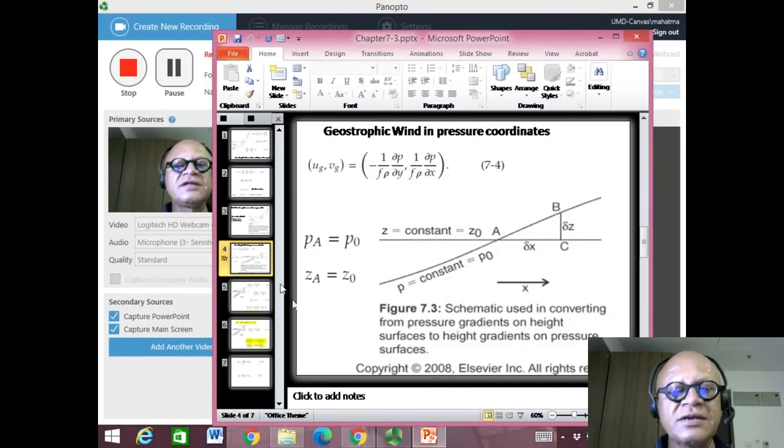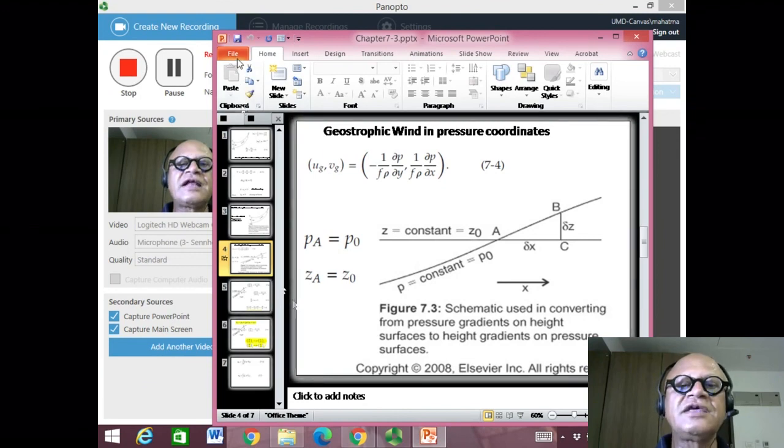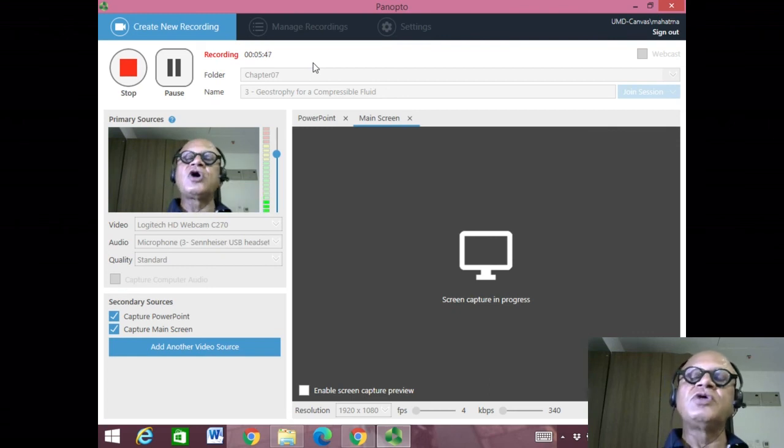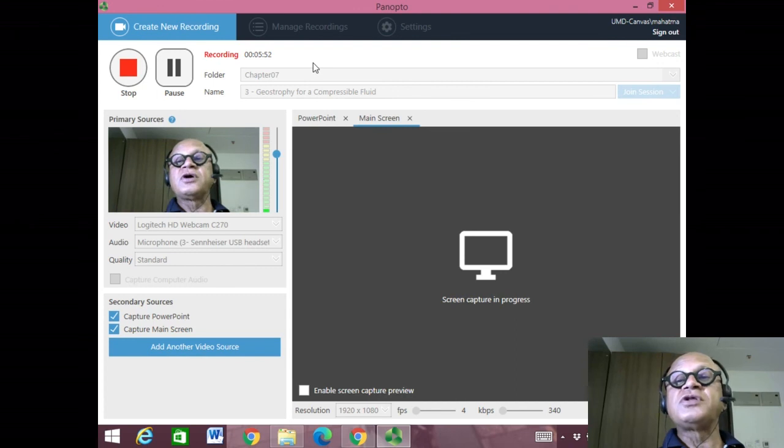Why did we do that? As I said, the last expression allowed us to get rid of the density, which is what we had done before as well, right? When we defined divergence or mass continuity in the pressure coordinate, we got an expression that looked almost like the incompressible fluid non-divergence equation, except it was d omega dp, where omega was the pressure velocity.